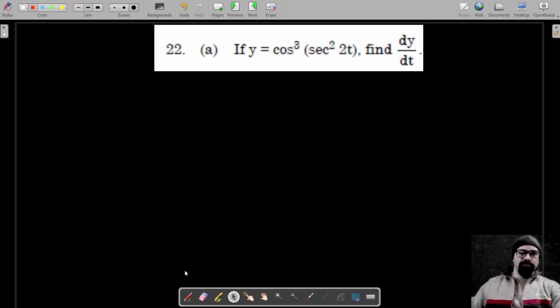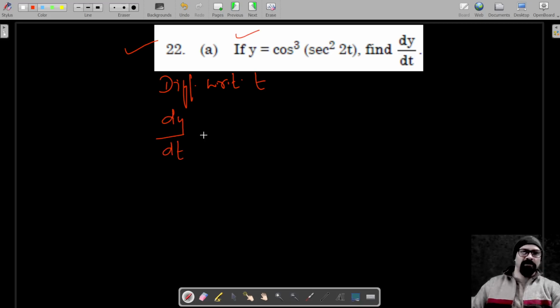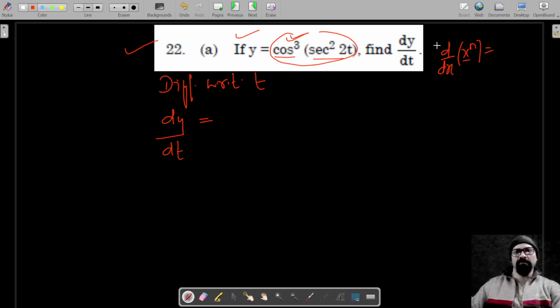Okay, for question number 22, part A, we have to find the differentiation of y with respect to t. So let's start differentiating this with respect to t. So differentiation of y with respect to t is dy by dt. Now this is the differentiation of the form x raised power n, where x is cos of secant square 2t and n is 3.